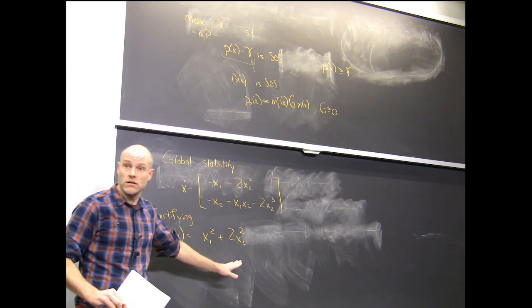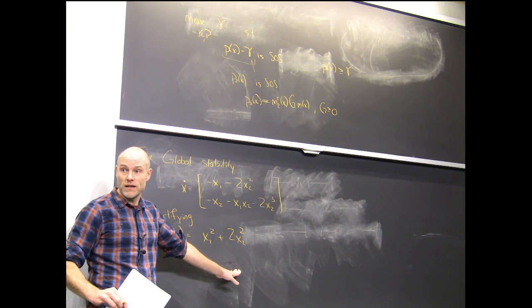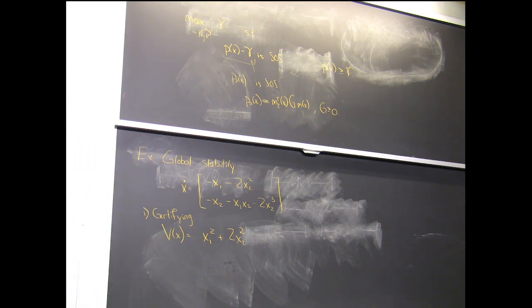But I can ask the sums of squares machinery, can you find a sums of squares factorization of that polynomial? And that gives us a nice optimization. That fits perfectly in this space.